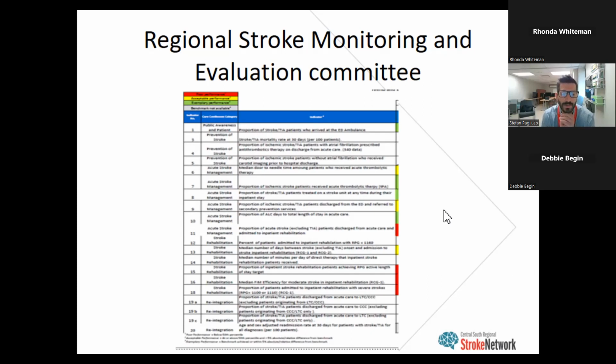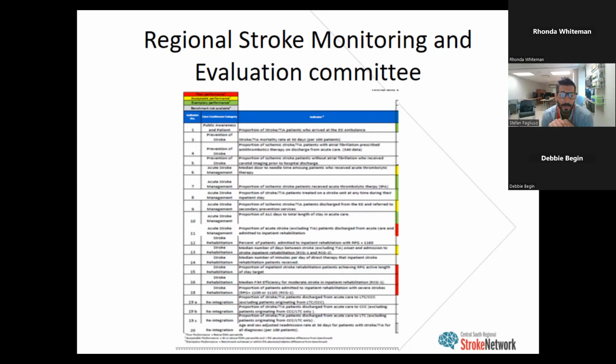For sure, absolutely. I'll go through most anyway. We look at things like the proportion of patients arriving at hospital by ambulance. We look at the mortality rate at each of our centers. We look at the proportion of patients who have been prescribed medications for atrial fibrillation, looking at antithrombotic therapy.